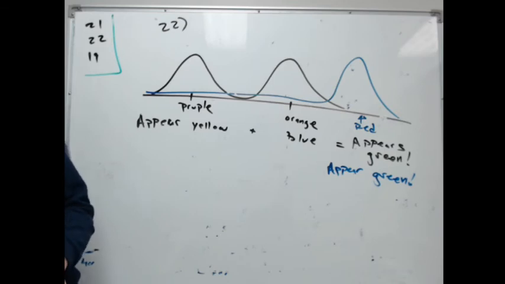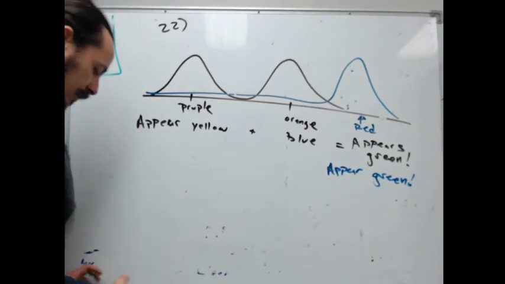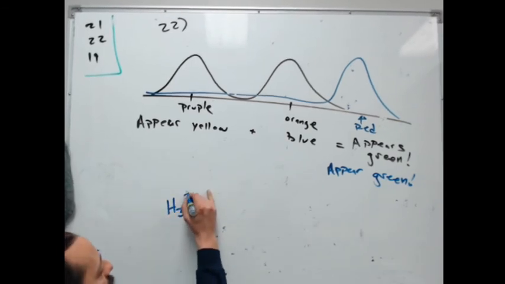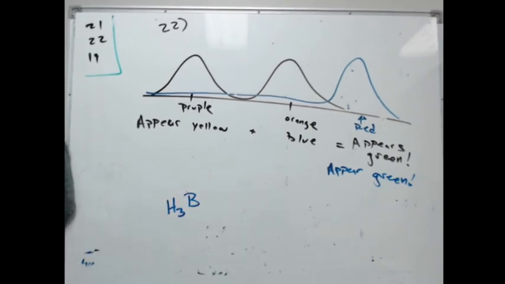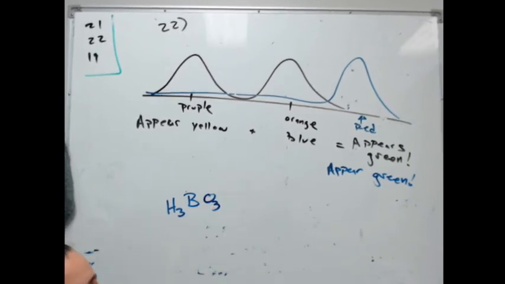The part that made me pause is I really feel like I should give you the molar masses of the materials rather than asking you to figure them out, because we haven't done that yet. It is pretty straightforward. For example, if you looked at the molar mass of boric acid, H3BO3, you'd look up the molar mass of 3 hydrogens, which is 3.